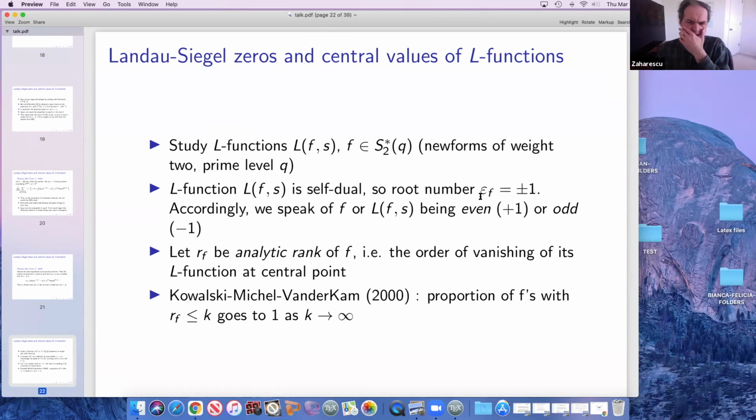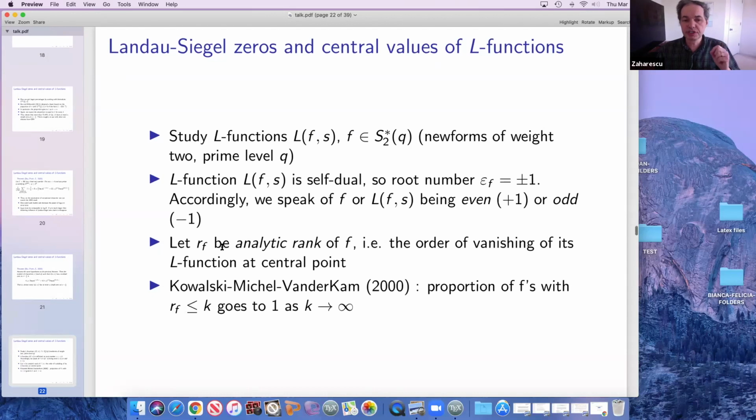Just terminology here: we say that f, or L(f, s), is even if the sign is plus 1, and it's odd if it's minus 1. And we also denote by r_f for each f the so-called analytic rank of f, the order of vanishing of the L-function at the central point.